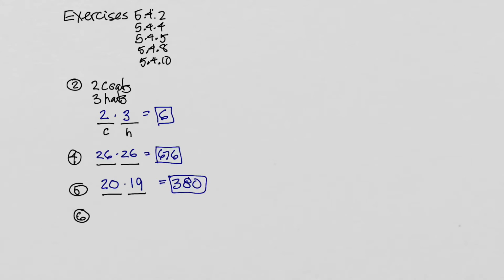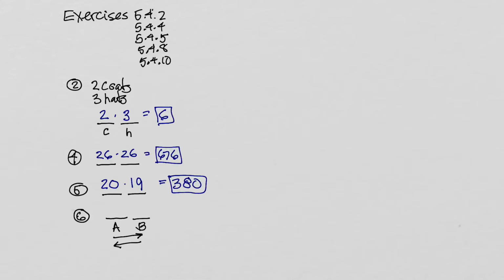Problem number 6 refers us back to problem number 5, but it says this. How many different kinds of tickets are needed if each ticket may be used in either direction between 2 stations? So in problem 5, we had 380 tickets altogether, but now I'm thinking this. If we can use a ticket in either direction, say we're going from point A to point B, we could go this way, or we could go this way.